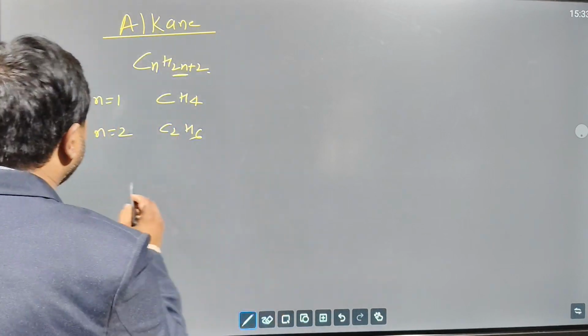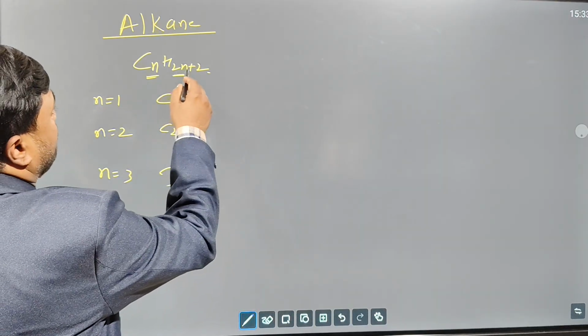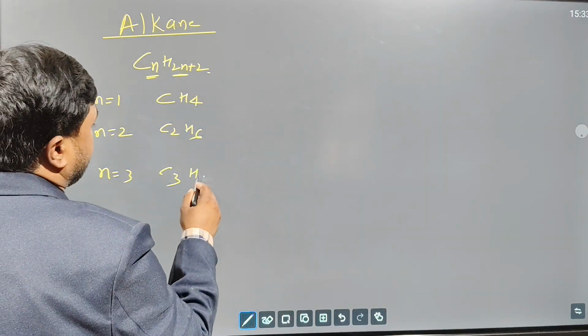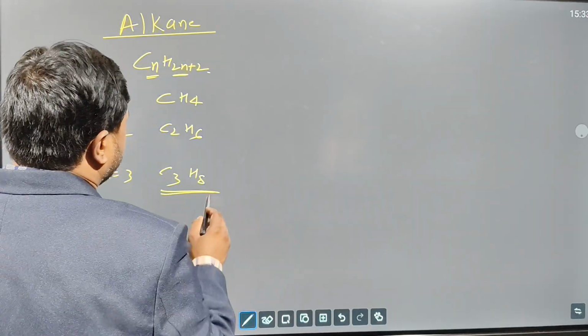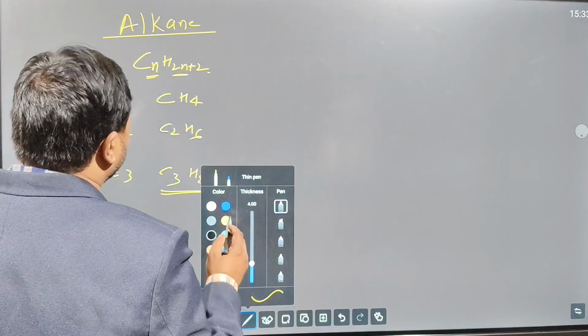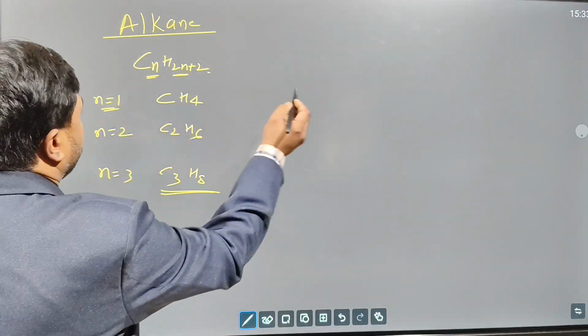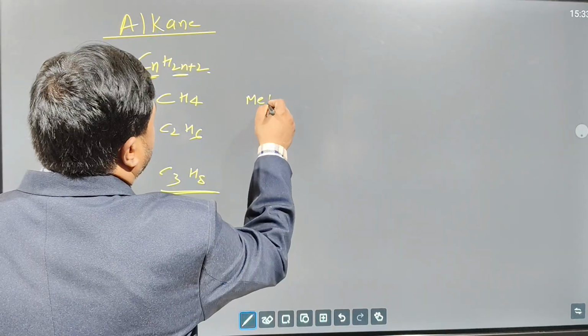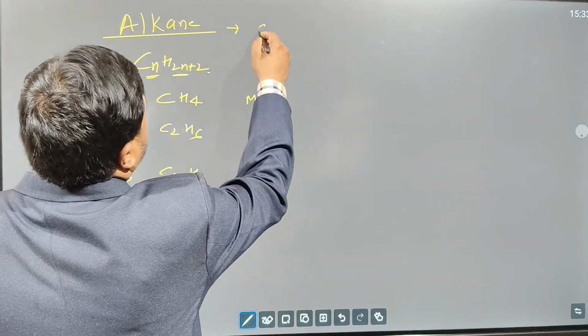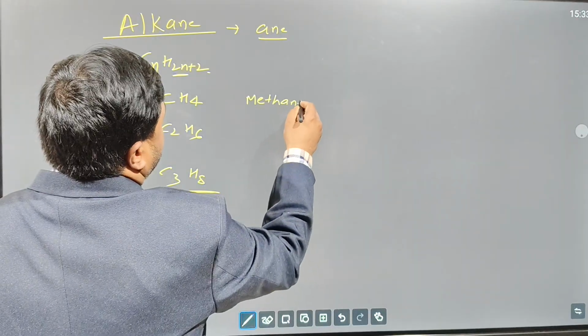Similarly, if you take n equal to 3, you can write C3H(2 into 3 plus 2), that is C3H8. How are we writing this? Based on the number of carbon atoms, we write some root word. Here as n equal to 1, we write meth. For alkane we use the suffix ane. Ane is the suffix. So methane, like that.